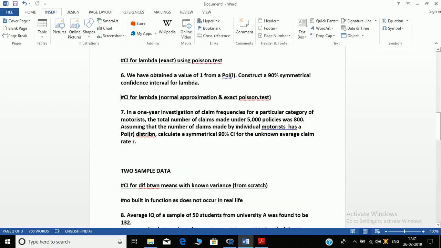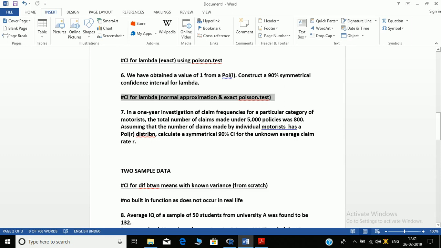CI for lambda with normal approximation and exact Poisson dot test. So again, in a 1 year investigation of claim frequencies for a particular category of motorists, the total number of claims made under 5,000 policies was 800.